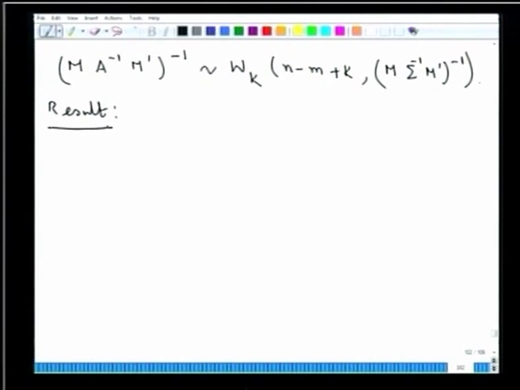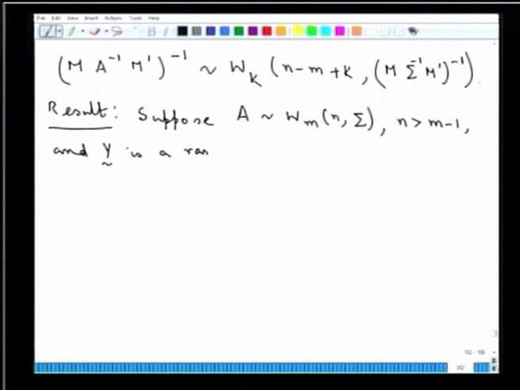of this Wishart distribution, we have the following important result. Suppose A is Wishart m n sigma, where n is a positive integer greater than m minus 1, sigma is positive definite, and y is a random vector such that the probability of y equal to a null vector is 0.